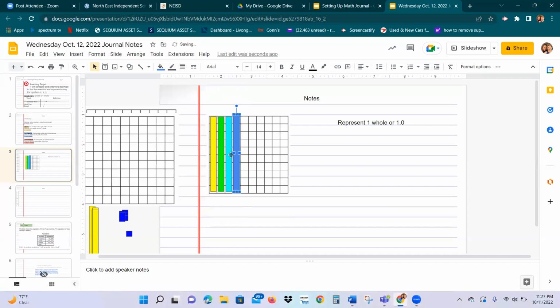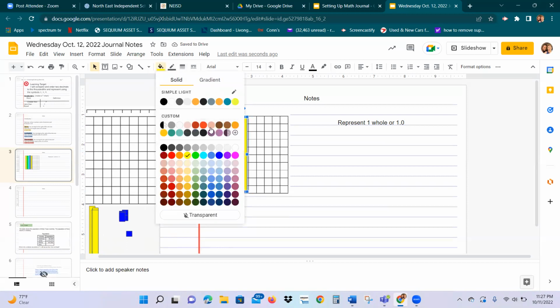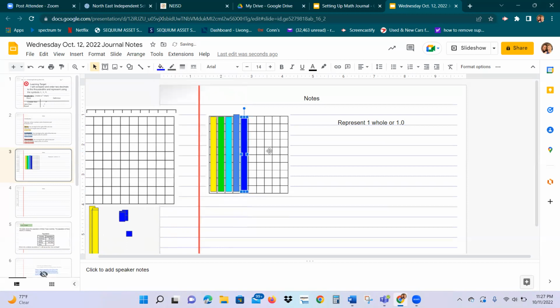I want you to be able to physically count those up. On this one right here, I have 1, 2, 3, 4, and this makes it 5. So now I'm halfway through. So guys, this is your 5/10 because you're halfway. And now I'm at 6/10.